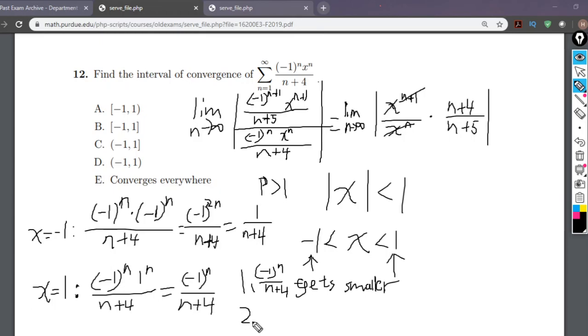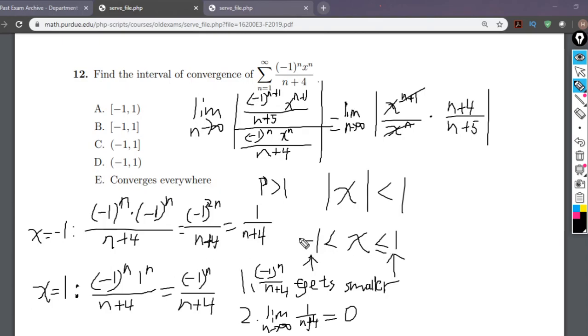And number 2, the limit of this approaches 0, which is true, because when you take the limit as n approaches infinity here, n is on the bottom, so this would approach 0. So you have the two conditions being true, then this converges.